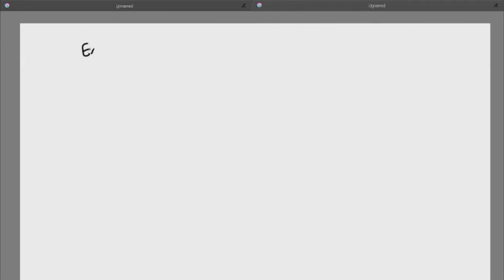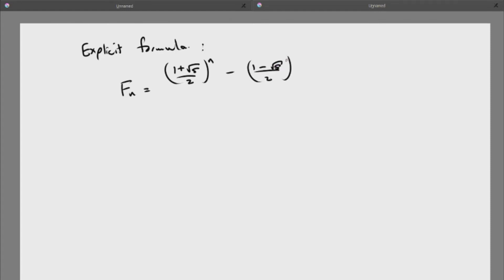But it is interesting in its own right why the recursive formula is not that hard to understand. Add up the previous 2. It doesn't even have any adjustment of them. But the explicit formula for the term in position n, just using the position, is unfortunately much more complicated.